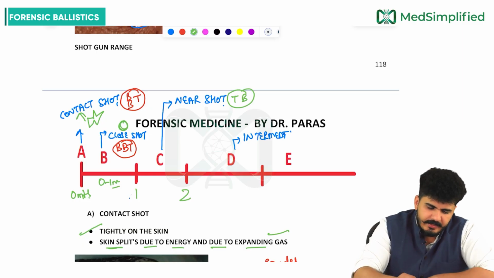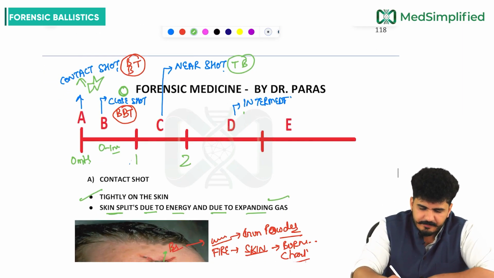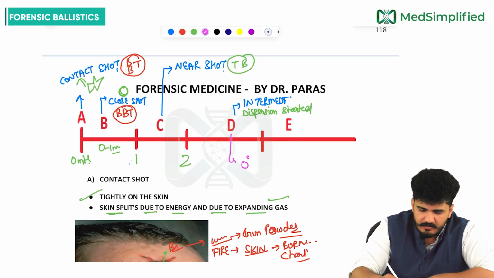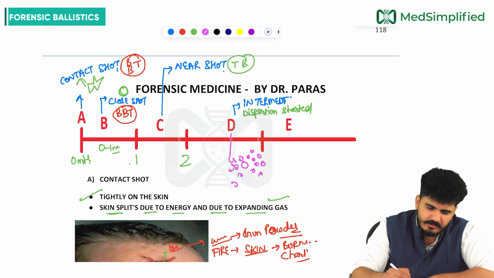From the intermediate shot, dispersion just started. That is why here we saw a single hole with satellite holes, or you can say small rat holes.